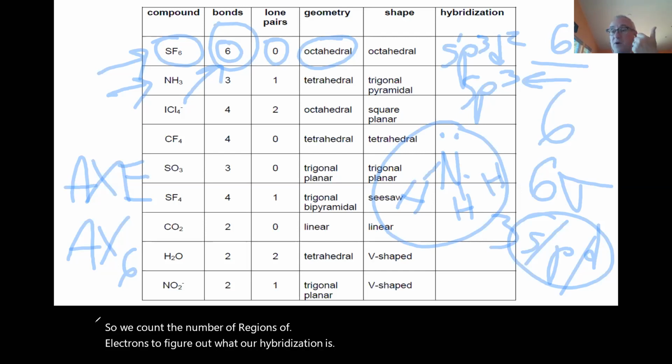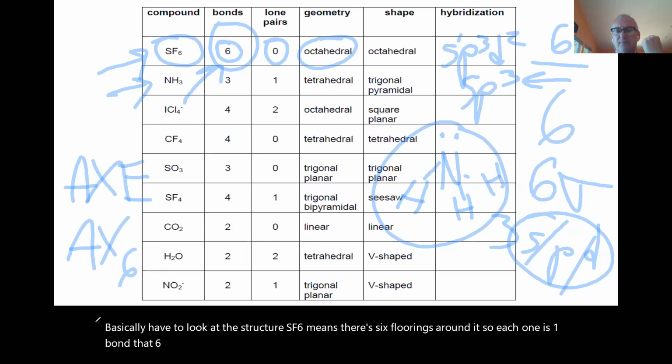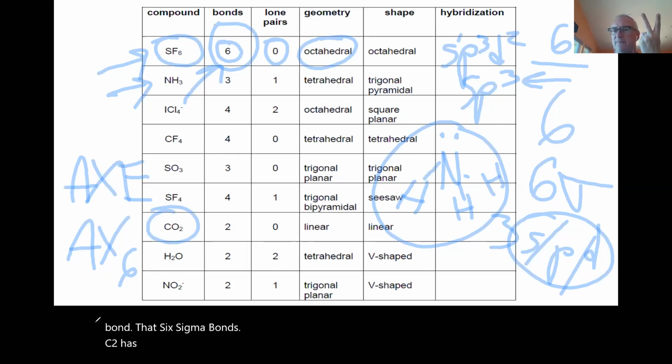The number of sigma bonds formed, you have to look at the structure. SF6 means there are 6 fluorines around it, so each one is 1 bond, that's 6 sigma bonds. CO2 has 4 bonds, but only 2 of them are going to be sigma, and the other 2 are going to be pi.